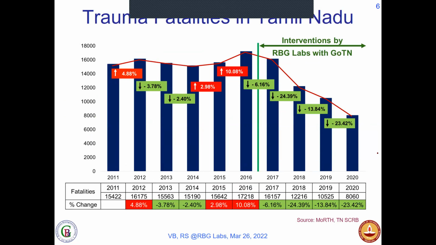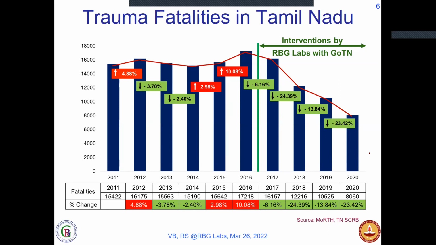So once we started intervening, at least on the reported numbers, this is the number we saw. Corona aside, although we planned for 2030, Tamil Nadu had already reached 50% reduction by 2020. 50% reduction vis-a-vis the year of reference, which was the 2016 number.